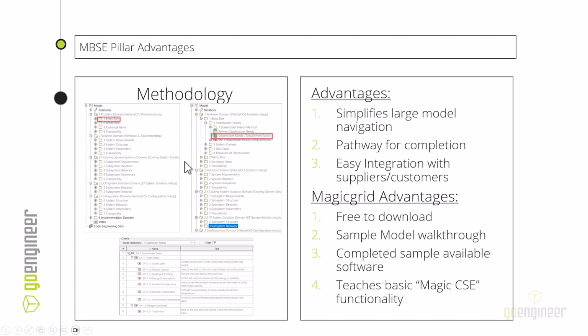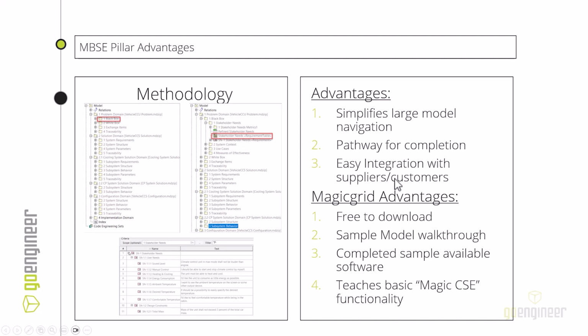That's another advantage of having your requirements and your modeling in the same platform. It really allows for that traceability between everything. And again, this allows for easy integration with suppliers and customers as you move through the different phases in your project. You really understand what phase you're in, so when you do get a model or send a model, it can easily be plug and play to understand if that is meeting all the requirements of your project.